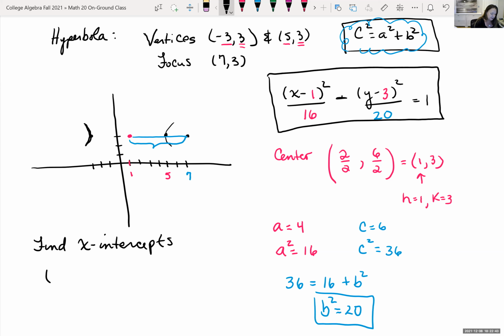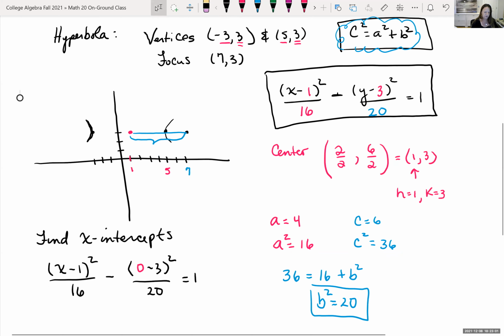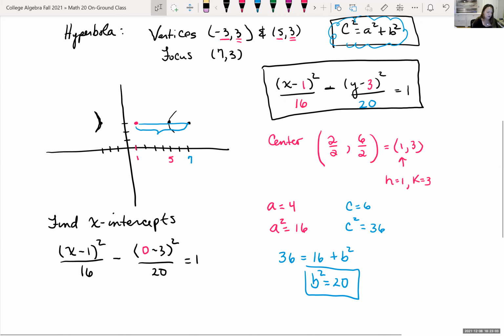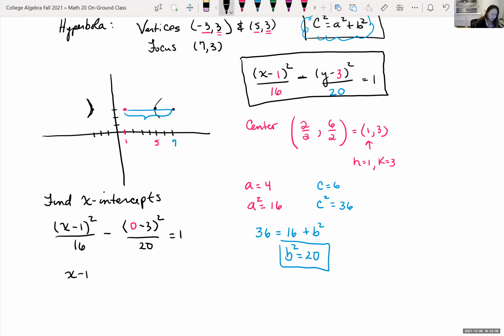So we technically have x minus 1 quantity squared all over 16 minus, well, 0 for y minus 3 quantity squared all over 20 is equal to 1. I have x minus 1 quantity squared over 16 minus 9 over 20 equals 1.